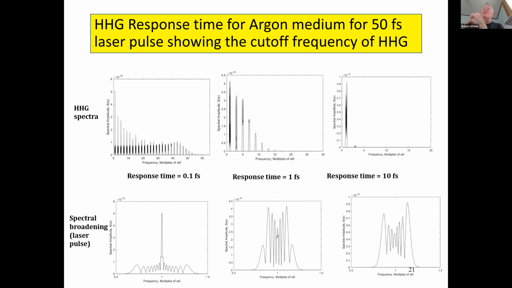A material like argon, krypton and rare gases has something like a 100 attosecond response time. If you use a solid, such as zinc oxide or some glasses, you would get harmonic generation up to about 10, and it really depends on the response time of the electrons in the solid.